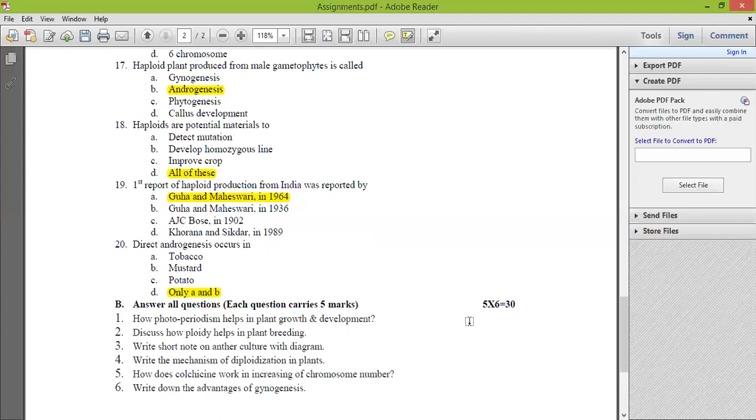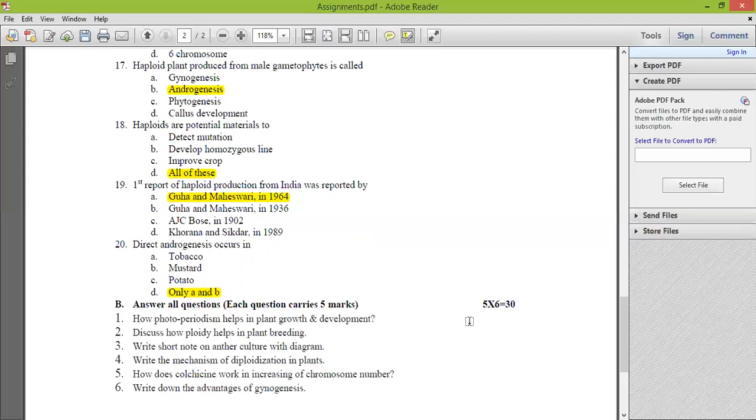And now comes the second question: discuss how ploidy level helps in plant breeding. Basically, I mentioned in the class that the ploidy level means the number of chromosomes in an organism. When the number of chromosomes increases, the number of proteins and genes expressed also increases.